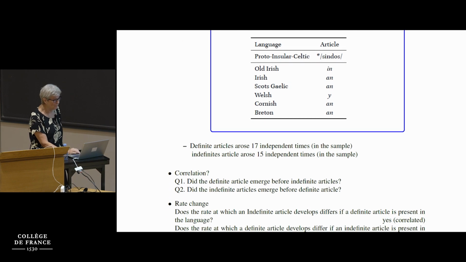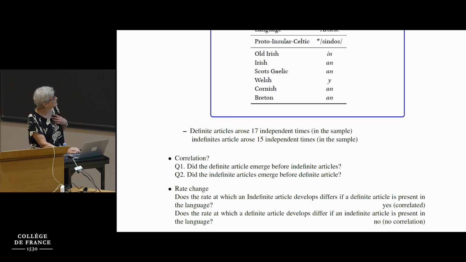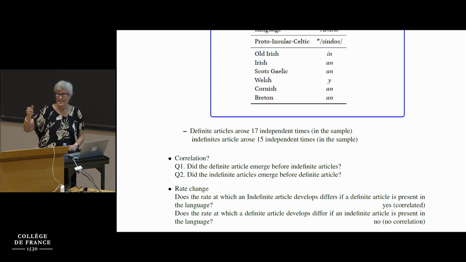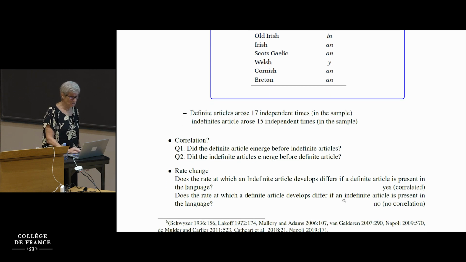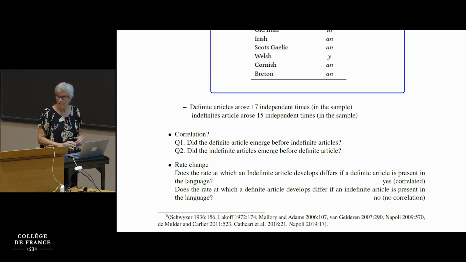Okay, is there a correlation? Did the definite article, for example, emerge before the indefinite article? Or did the indefinite article emerge before the definite article? Or is there an interaction between having a definite article and getting an indefinite article, or the other way around? So you have different states. And what you can do with Bayesian phylogeny is, with Bayesian statistics, you can rate the change and see if there is any difference in the correlation that you find.